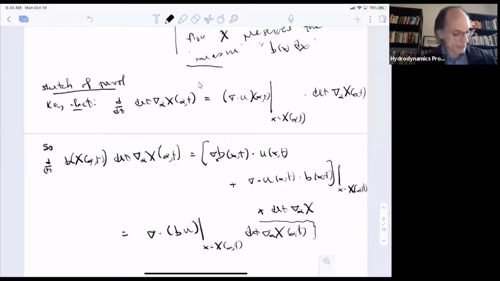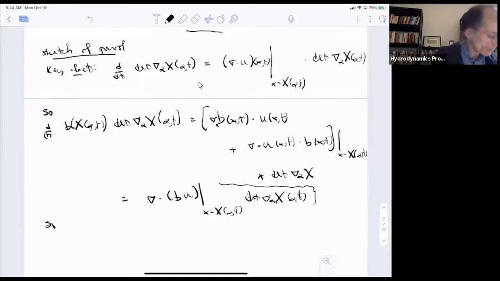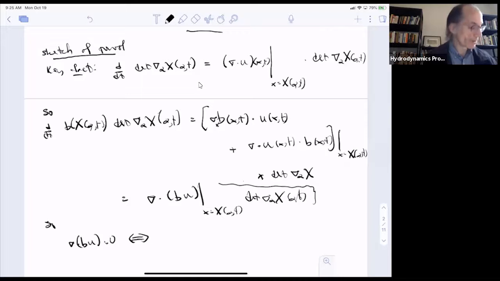Okay, and so the conclusion is that this quantity, b times the Jacobian determinant, is constant along particle trajectories if and only if the divergence of b times u vanishes. And if this is constant along particle trajectories, I can look at its value at time 0.